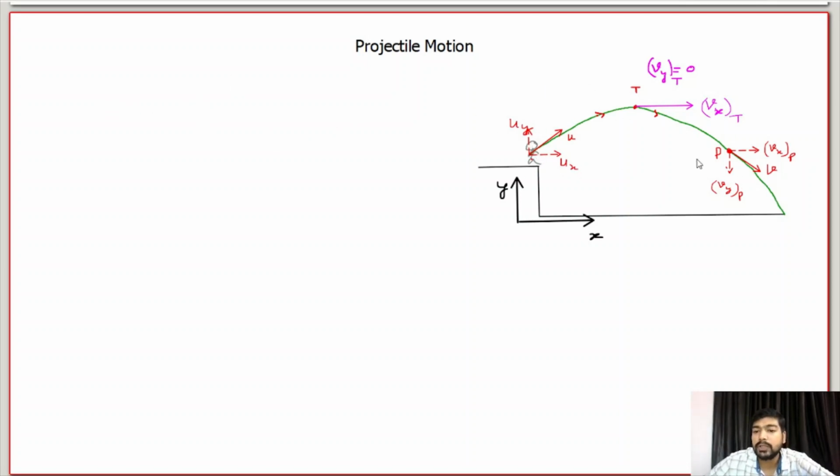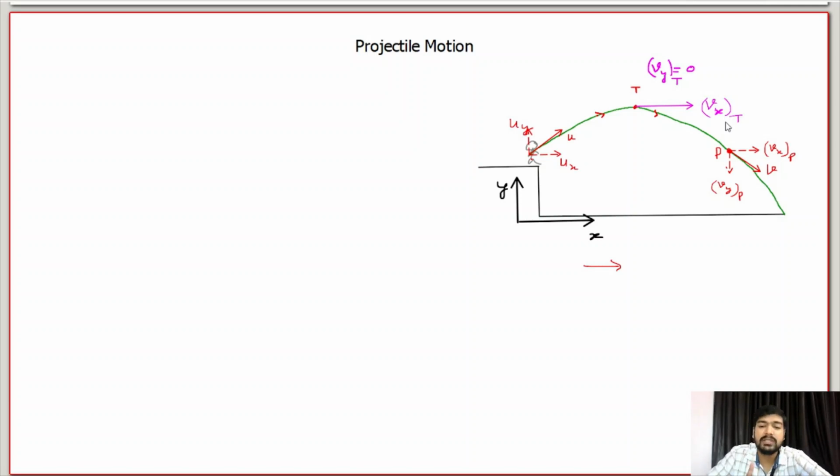One more thing in projectile motion: in the motion in the x direction, there is no force, there is no acceleration. The man has thrown the particle in this direction. That means after it is thrown, there is no contact between the particle and the man, so there will be no force in the x direction.